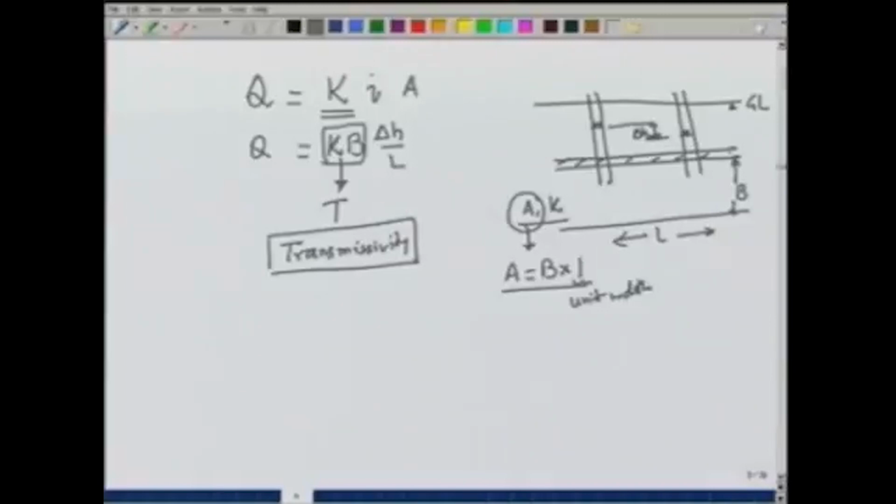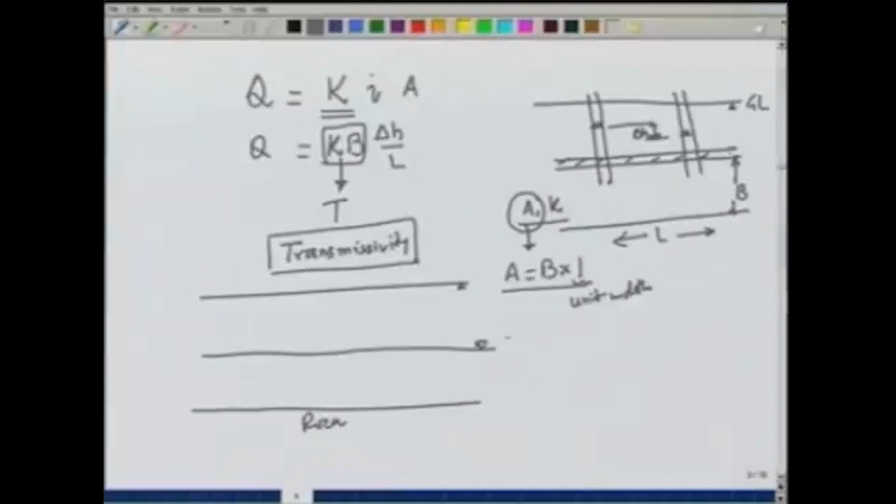For unconfined aquifers, groundwater table, ground level. For unconfined aquifers, the thickness of the aquifer H varies from point to point.